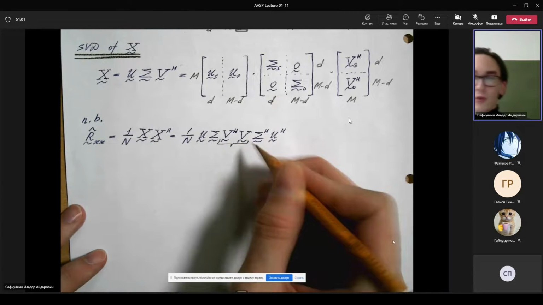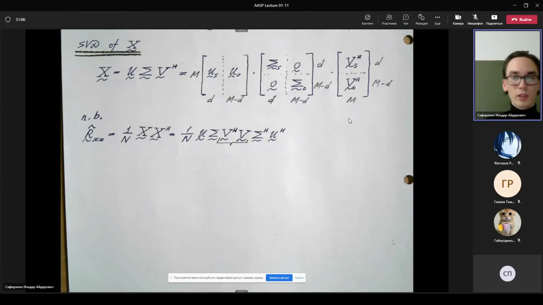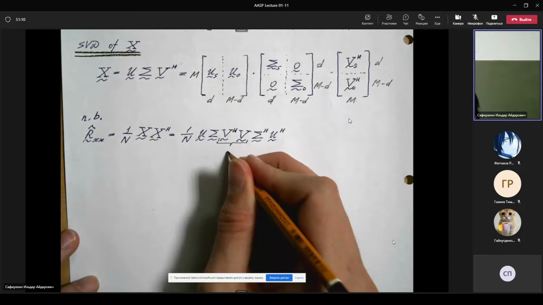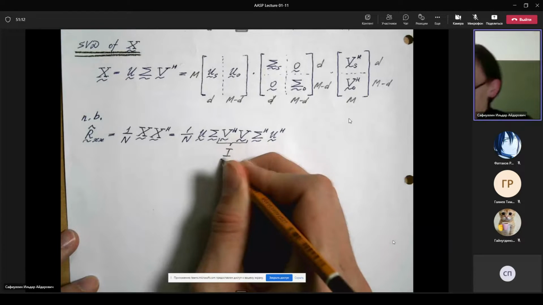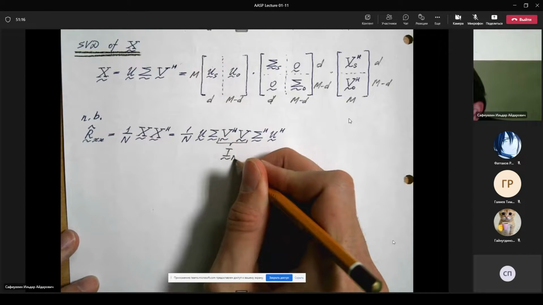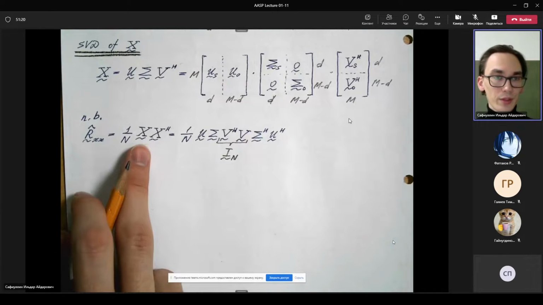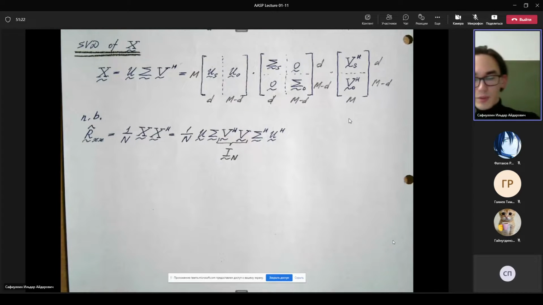And this multiplication of the Hermitian of the unitary matrix with itself, it is the identity matrix, but in this case of size n, because we have the sizes of the matrix X as m times n.